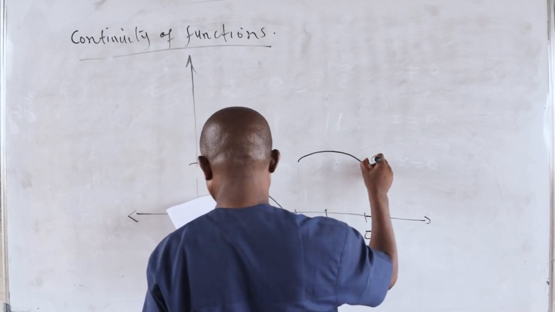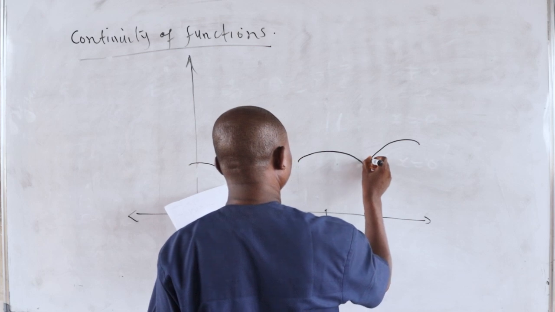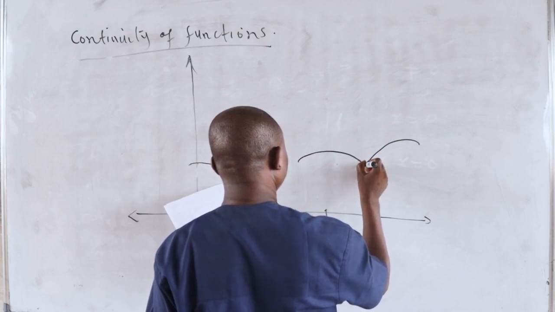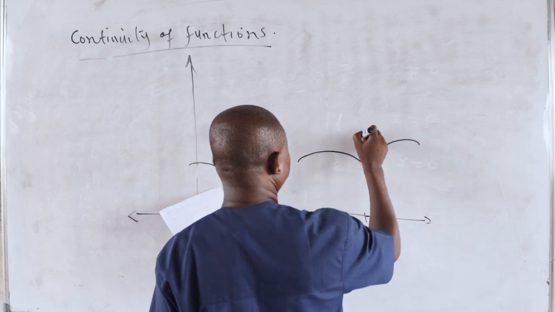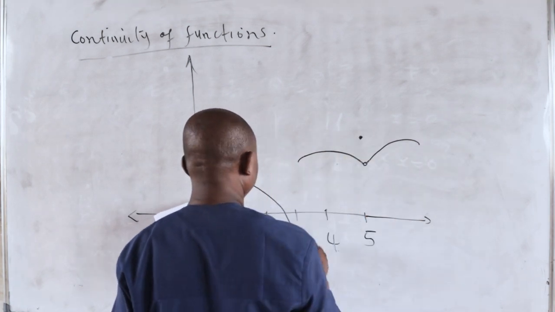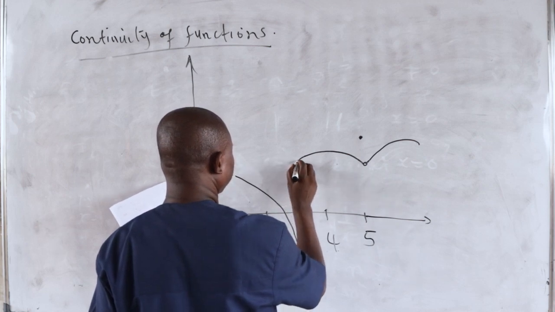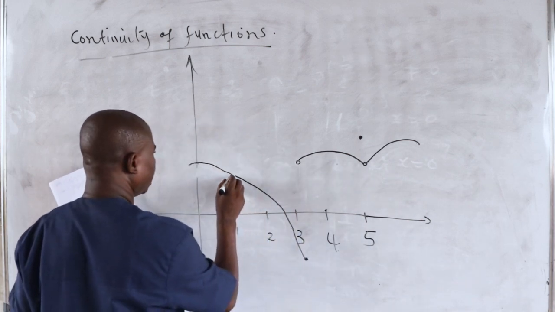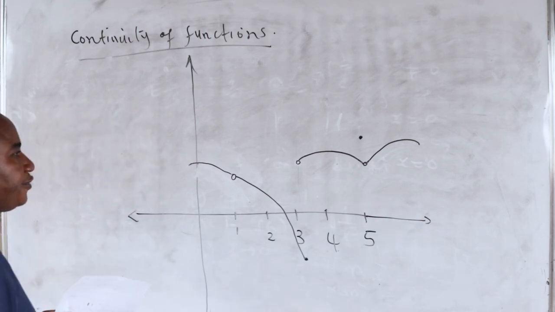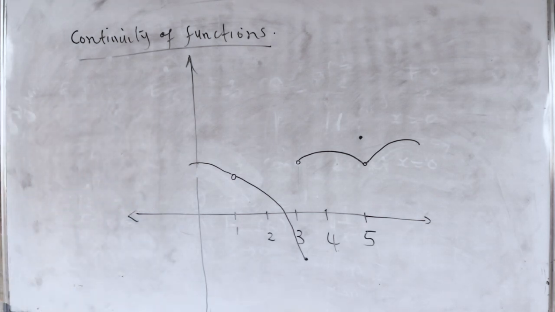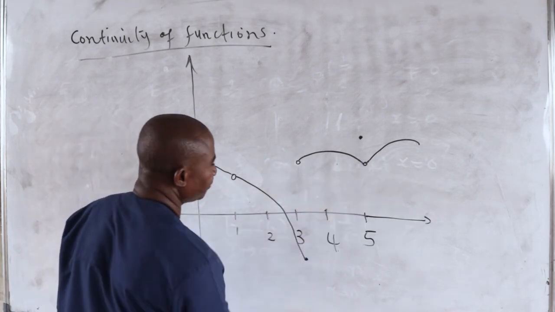At the point 5 it has a value here. Here it has no value. Here it has no value. Okay. So this is the behavior of the function of interest. I hope you're able to see the graph very well.